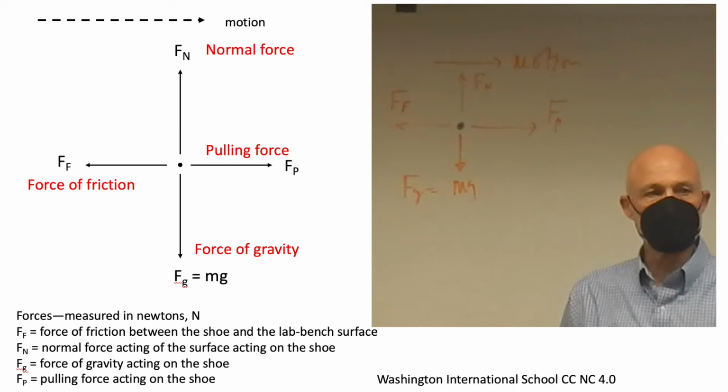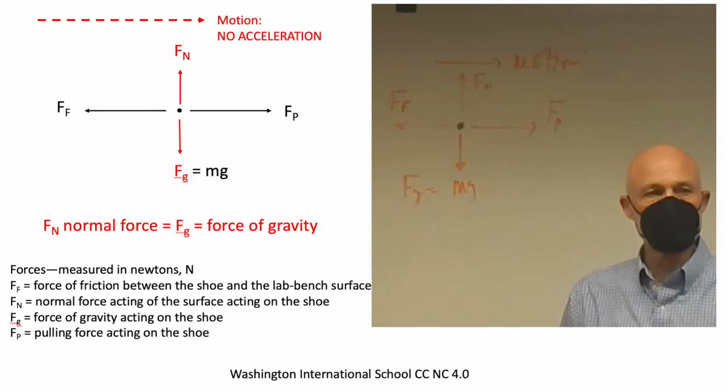Normal force, Fn, acts upwards. The pulling force, as you're pulling the shoe in one direction, and the force of friction acting in the opposite direction, and then the gravitational pull, mass times the gravitational constant.